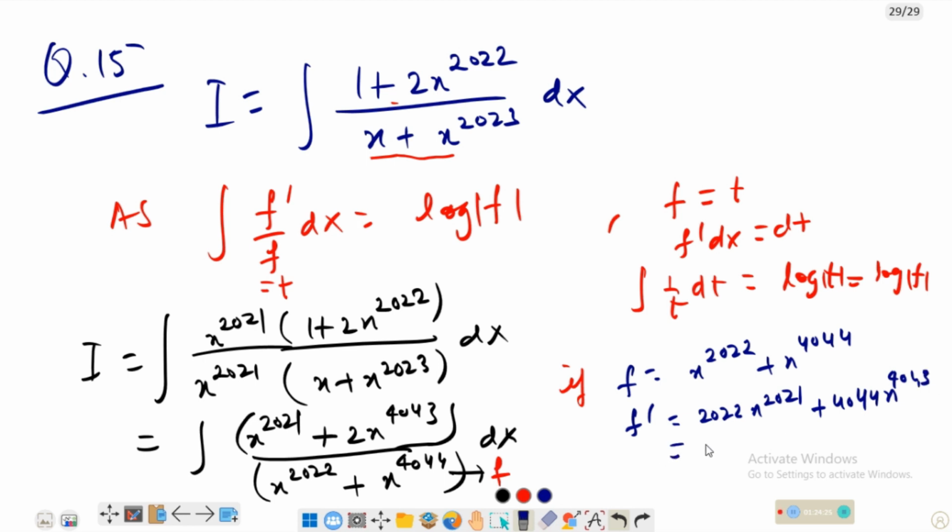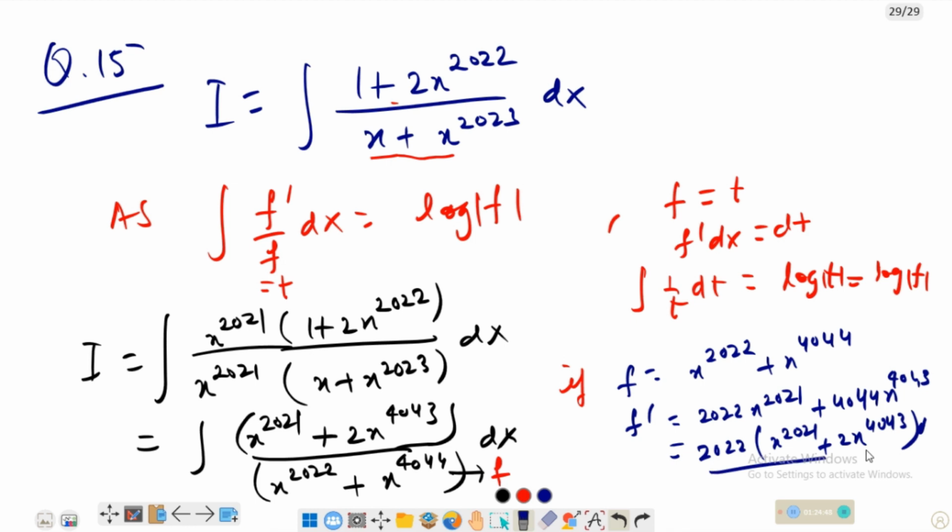So we cancel out 2022 from both sides. I take 2022 common, this is basically x to the power 2021 plus 2 x to the power 4043.